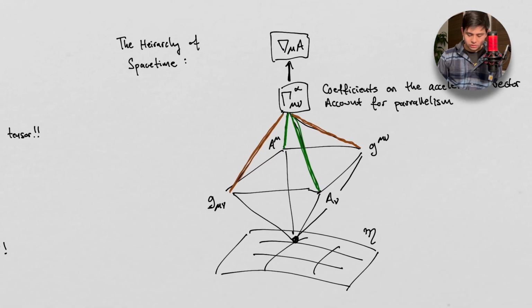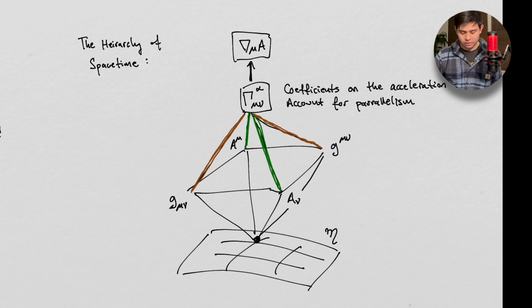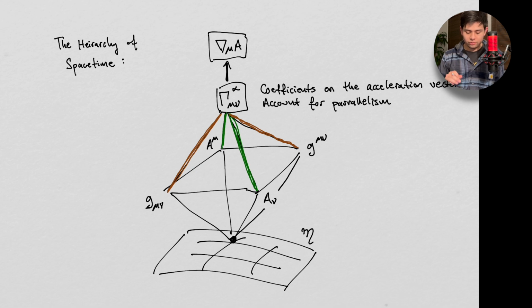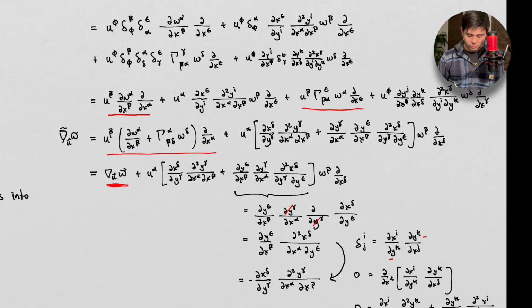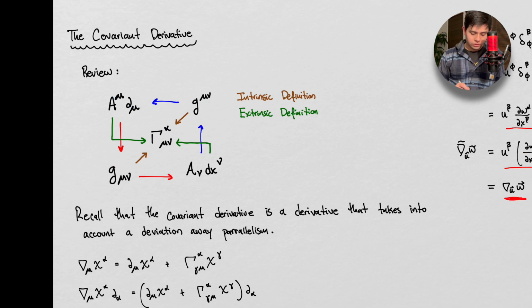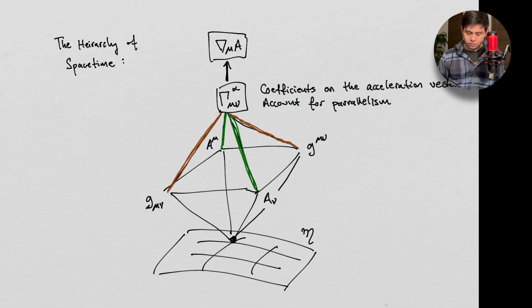Okay, this is what I want to get to now. This is going to be the theme for a couple of videos going forward. I'm calling this the hierarchy of spacetime. I want to go back to this picture really quick actually. So I'm summarizing this picture, extrinsic and intrinsic definition. The extrinsic is the green path, intrinsic is the brown path.